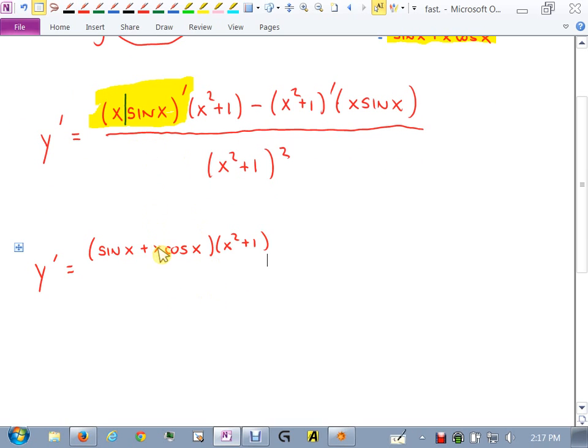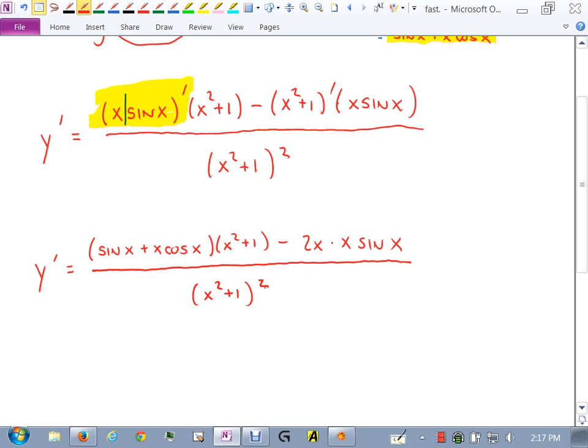So that became this. This is just this minus 2x times x sine x. That x and that x can go together to become x squared. That's okay. All of this over x squared plus 1, squared.